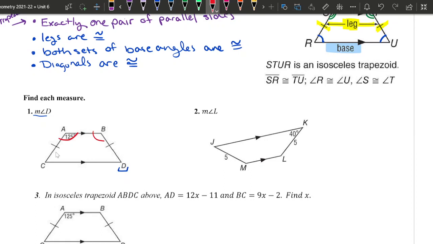But we can do the same side supplementary with parallel lines. The consecutive angles are going to have a sum of 180. So if we take these two angles B and D and add them together, it's 180 degrees.